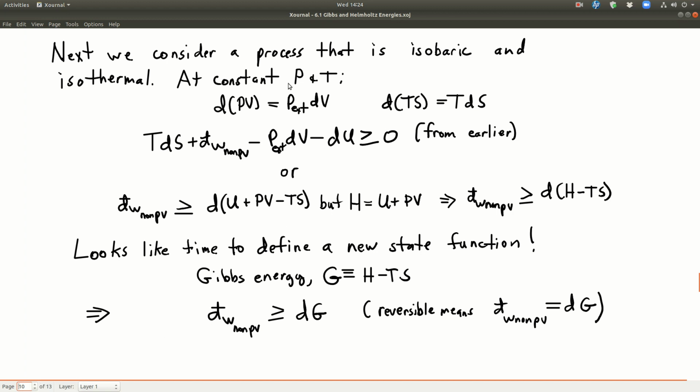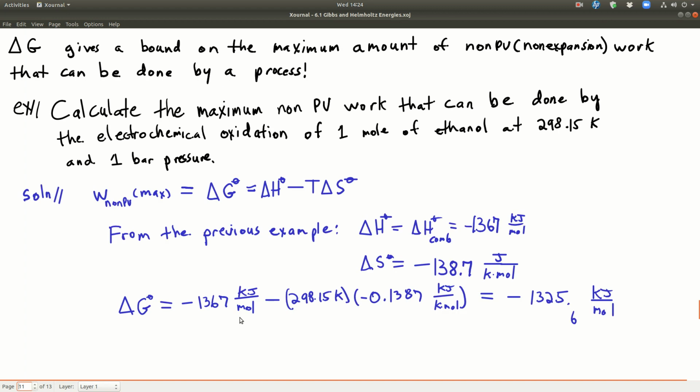So the things to get out of this are that Gibbs energy talks about constant pressure and constant temperature. It gives us a bound on the maximum amount of non-PV, non-expansion work that a process can do.